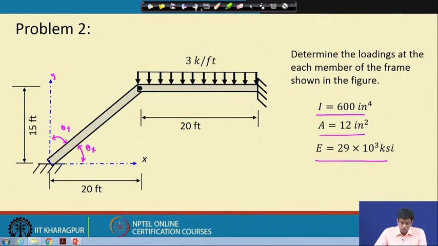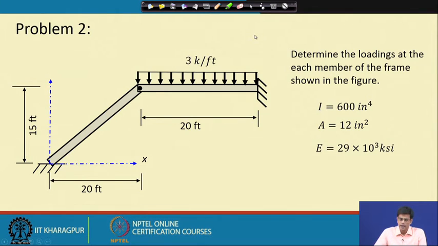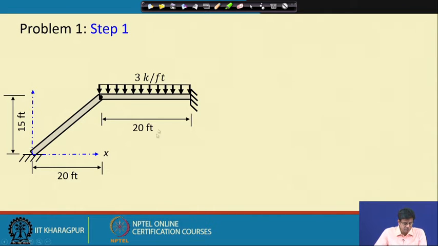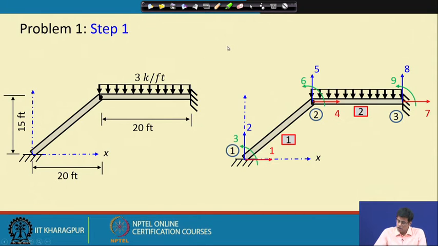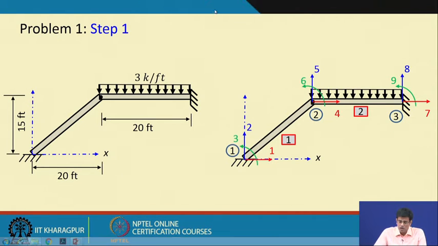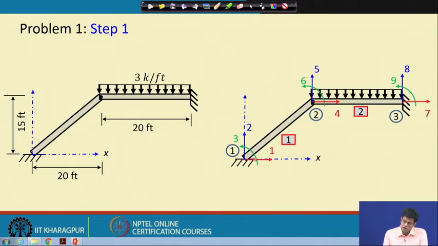Now, to solve this problem, the first step is to discretize again and find out what are the known degrees of freedom and unknown degrees of freedom, kinematic as well as the reactive forces. So, naturally the first impression is to discretize in this form, because this is node 1, node 2, node 3, and node 1 corresponds to 1, 2, 3 degrees of freedom, node 2, 4, 5, 6, node 3, 7, 8, 9.